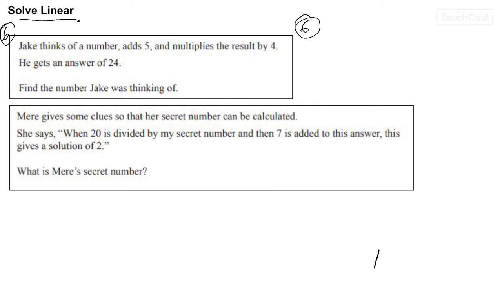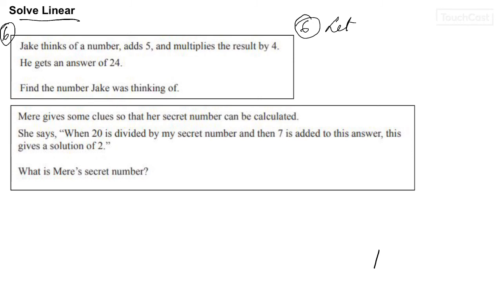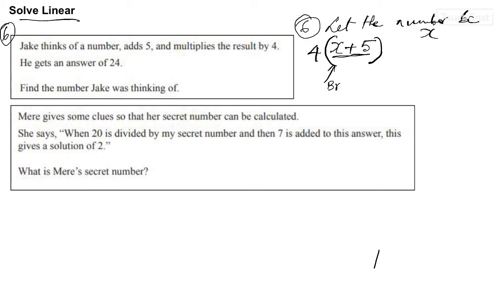Jake thinks of a number, so let the number be x. That statement is important. Does it have to be x? No, it can be any kind of letter. You are adding 5 to that and multiplying the result. The whole thing is the result, and you are multiplying that by 4, so you put them within a bracket, otherwise you'll get it wrong.